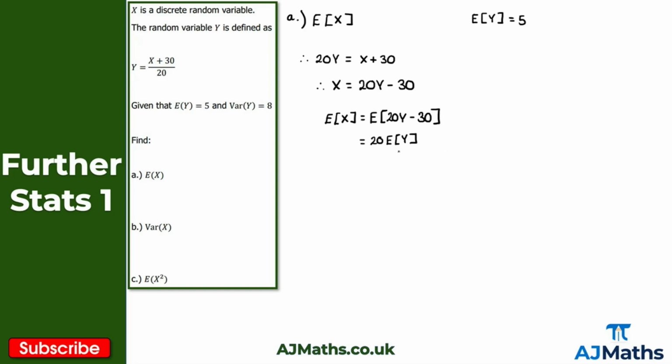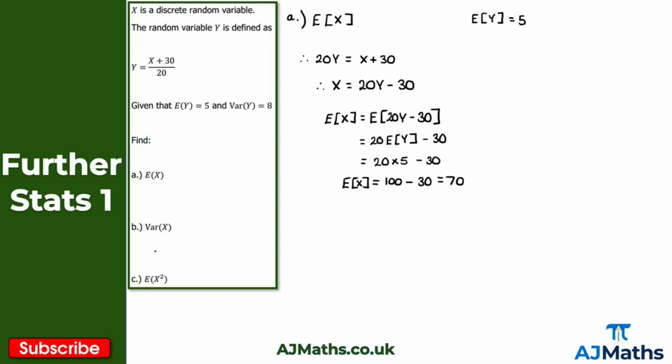So I've got 20 lots of the expectation of y minus 30, and the expectation of y is 5. So what I get is 20 times 5 minus 30, which is 100 minus 30, and that gives us 70. So there we have it. That's the solution to part a, the expectation of x.